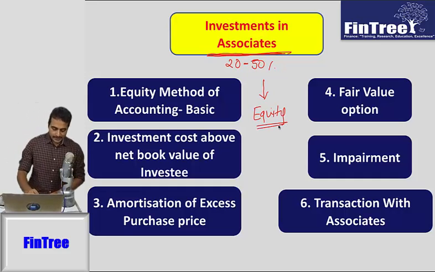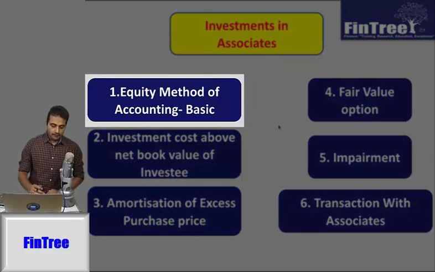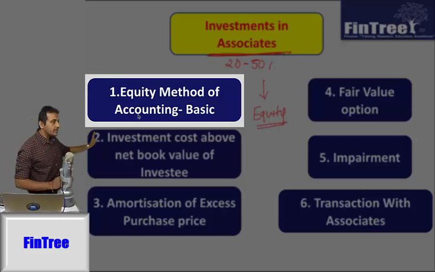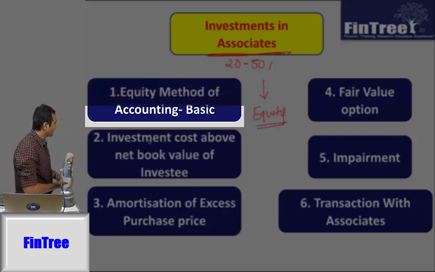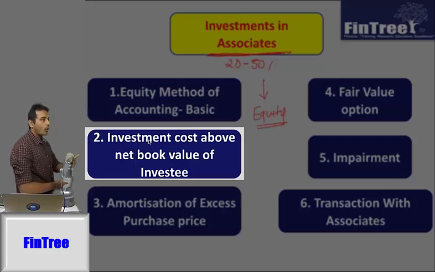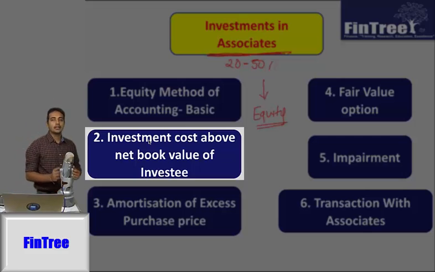So there are 6 small subcomponents in equity that we need to look at. First, we need to look at the basics of accounting method. Then what if the cost that you're paying to acquire those shares is more than the book value of those acquirees' assets. That means book value of the assets is 100.